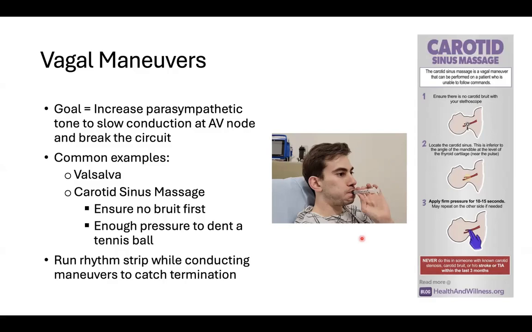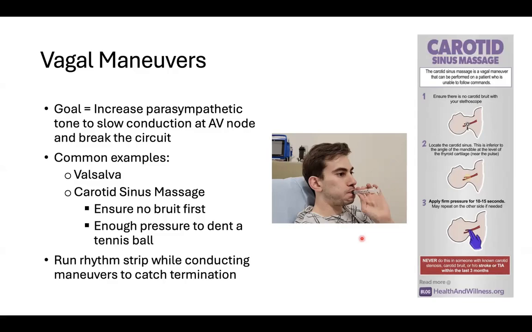Those are some clinically important things to do related to these maneuvers. And it requires a lot of pressure to successfully do a carotid sinus massage, enough force to actually dent a tennis ball, which I remember when I learned that last year was shocking, how much force was really needed.